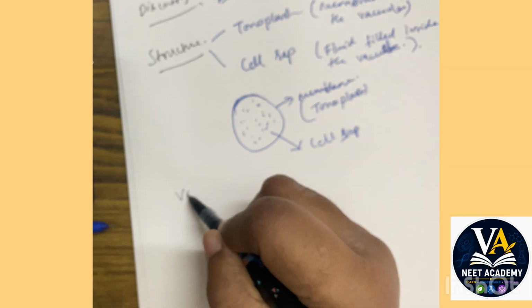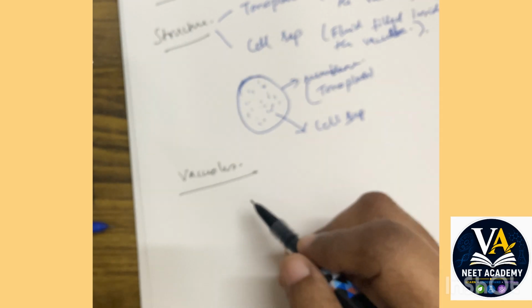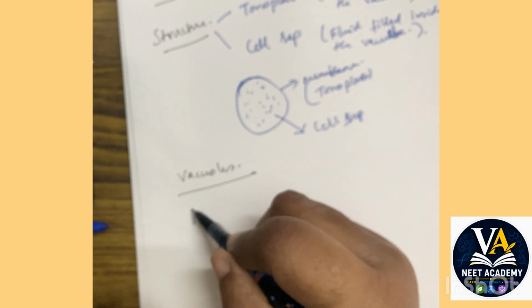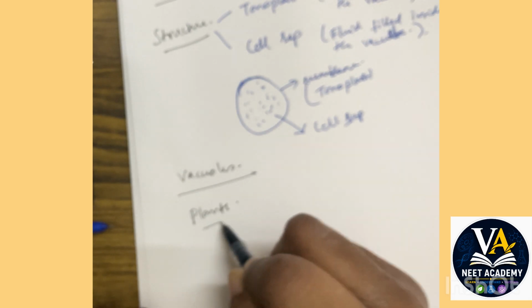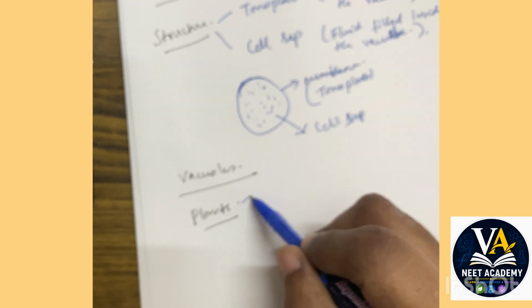Vacuoles present in plants and animals are different. First we will see the vacuoles present in plants. Their feature is that they are very large.